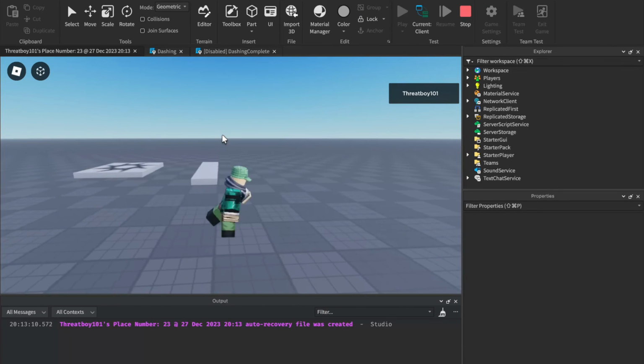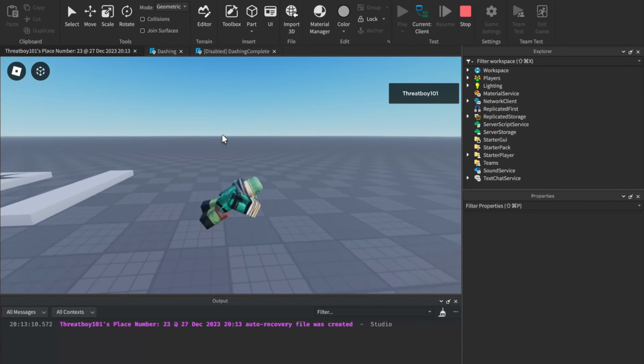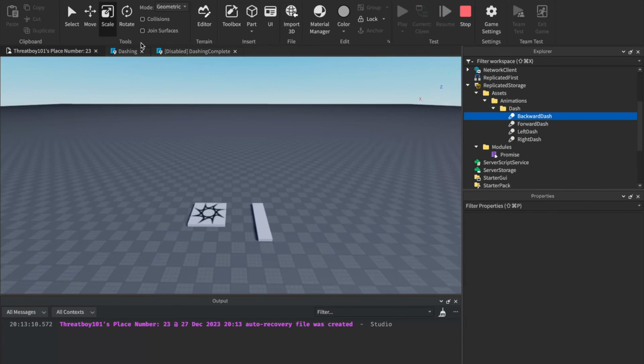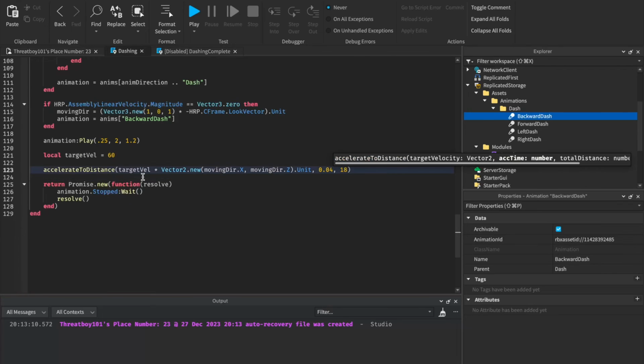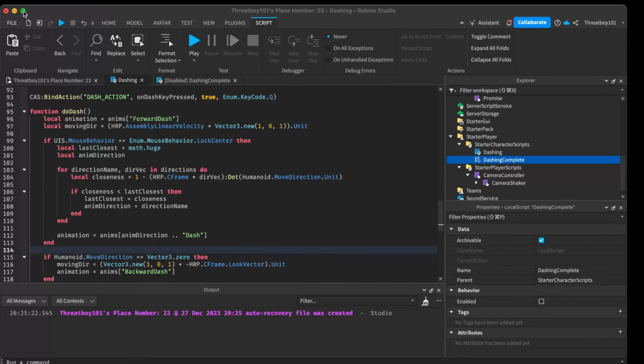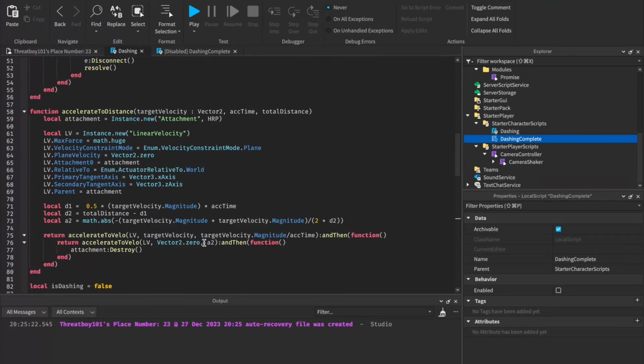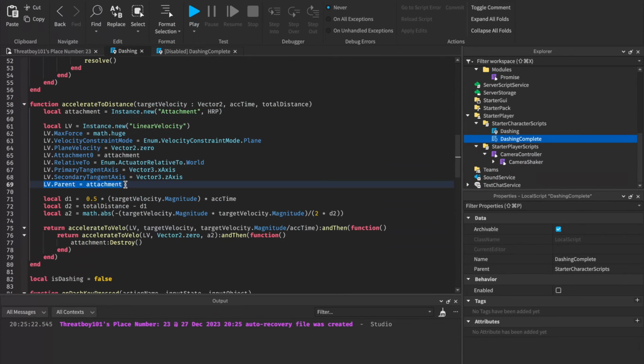Not quite traveling the 16 studs or 18 studs that we set it to. So let's see what's going on. All right, so I was able to figure out what was going on. Essentially, we forgot to parent the linear velocity instance to our attachment.